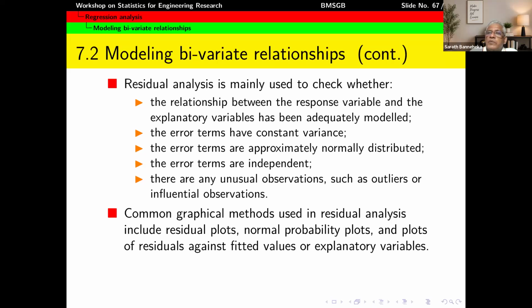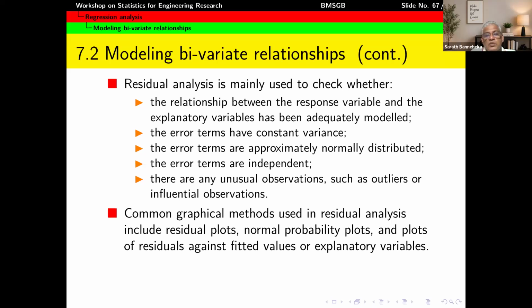Otherwise, if you cannot find out any reason for that, but still you think it's an unusual observation, and if there are only a few such observations, you may as well delete those observations before fitting the models again. Because these models may be affected very much by this kind of outliers or influential observations.